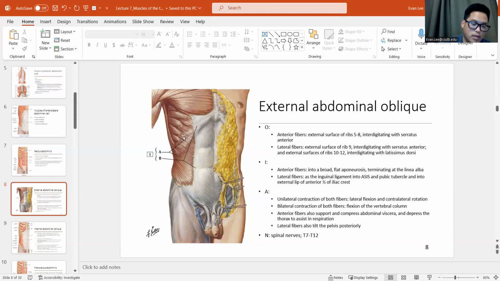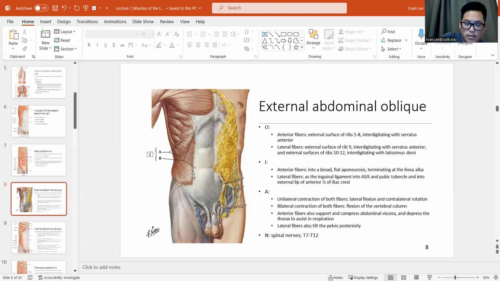And then its muscle fibers are going to extend up and laterally. So these are kind of diagonal, and the way that I like to remember external oblique is that it helps to eventually, if it were to continue, form a V shape. So external oblique will be like this, going down towards the midline, generally forming a V-like shape.